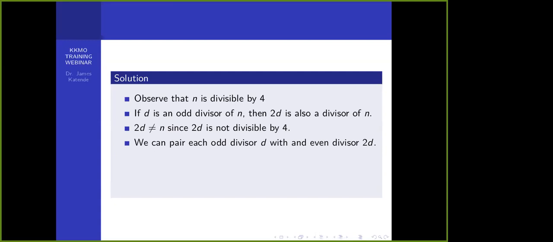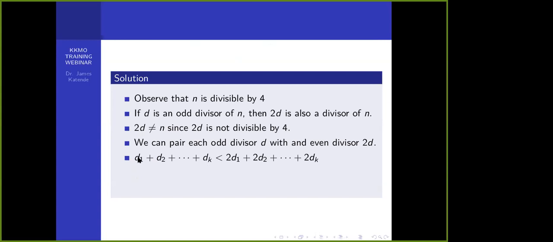So we can do the following. We pair each odd divisor D with an even divisor 2D. This can be done because for any odd divisor D, we can get a corresponding even divisor 2D. Now, D1 will be smaller than 2D1, D2 will be smaller than 2D2.